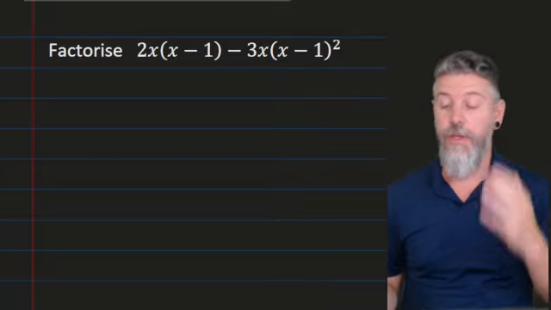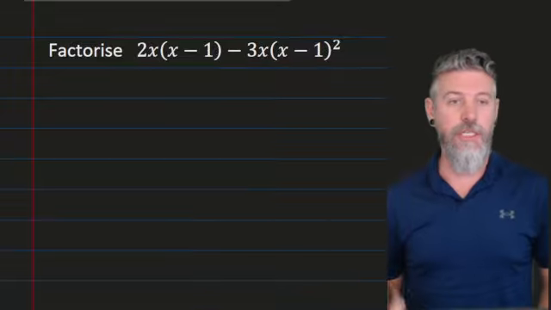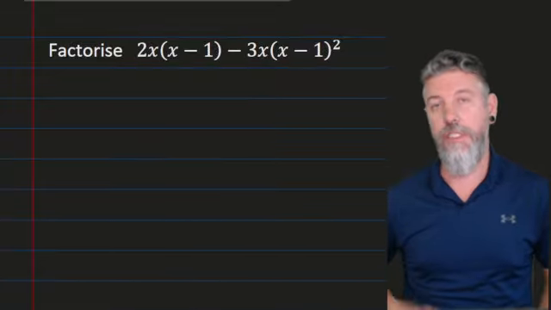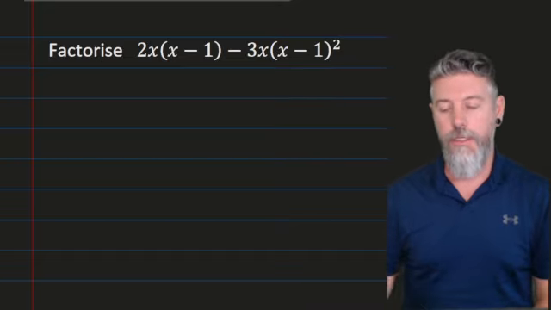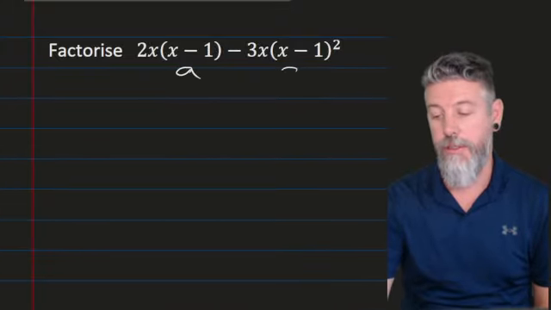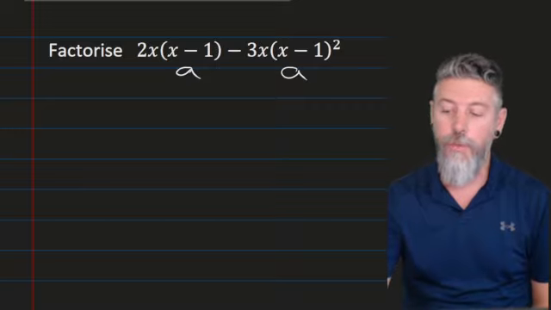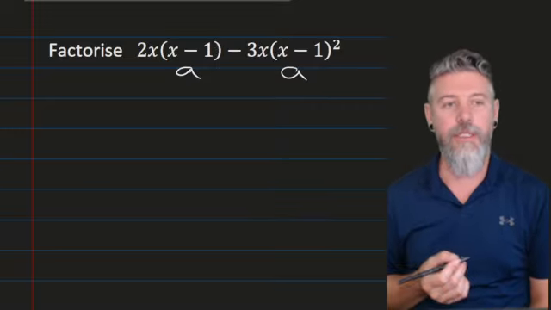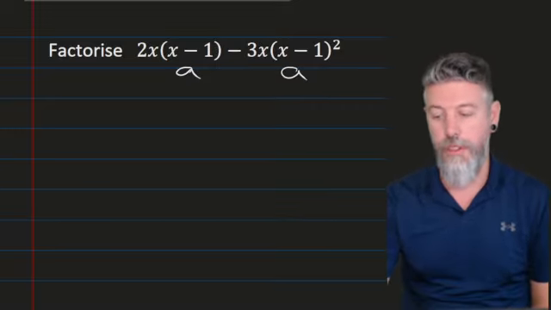So looking at this factorisation, the first thing that I want to see whether you understand or not is that this x minus 1 in brackets and this x minus 1 in brackets squared, we can actually think of that x minus 1 as its own individual term.